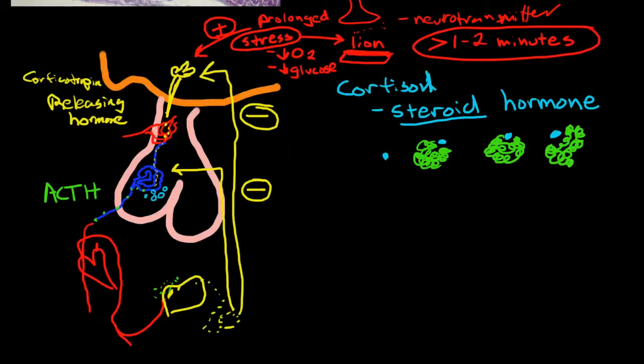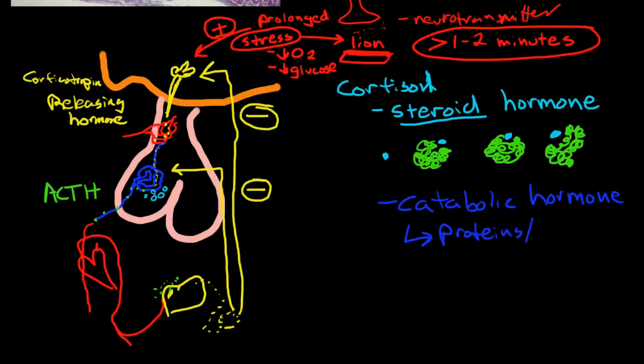Now, cortisol is considered a catabolic hormone, so it's the opposite of anabolic. Catabolic means that it breaks things down. So, in particular, it breaks down nutrients: proteins, fats, and complex carbohydrates are broken down into glucose.